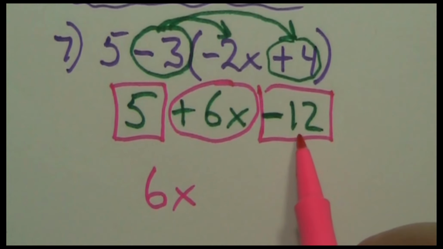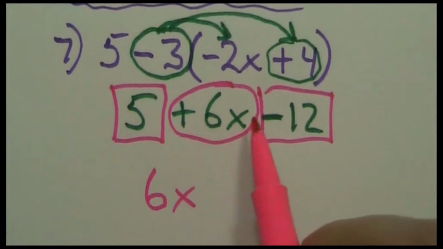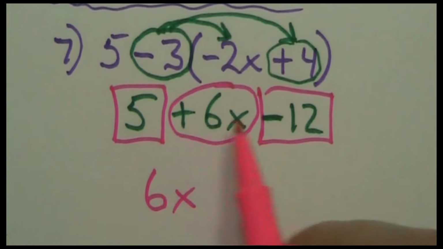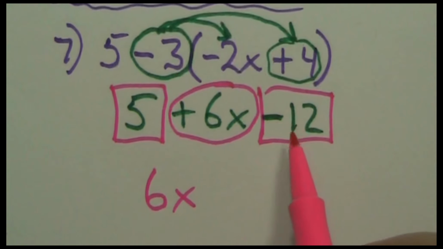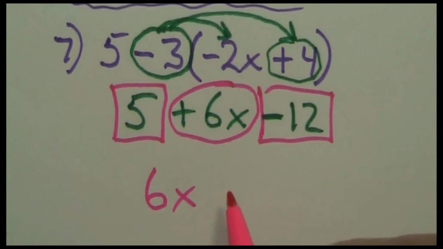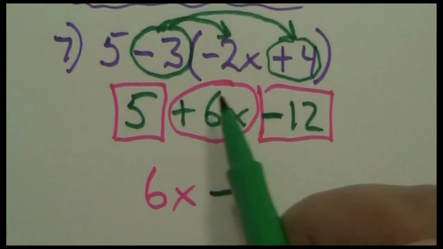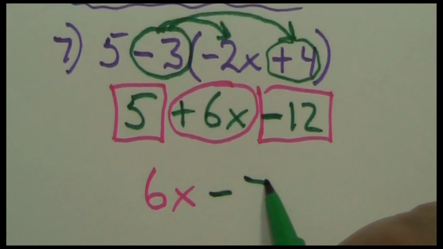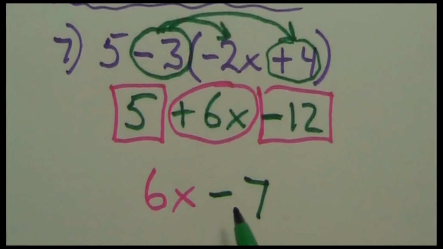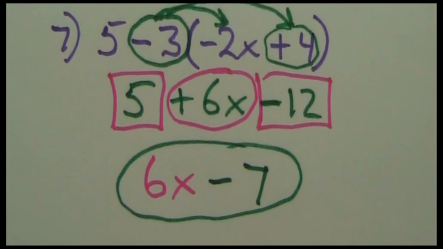So I have 12 negatives and 5 positives. Now think of the zero pairs canceling each other out. What would you have left? We'd have more negatives left after subtracting them. So I just take 12, take away 5 is 7. So it's 6x minus 7. And that's all you can do to this. You cannot do any more.